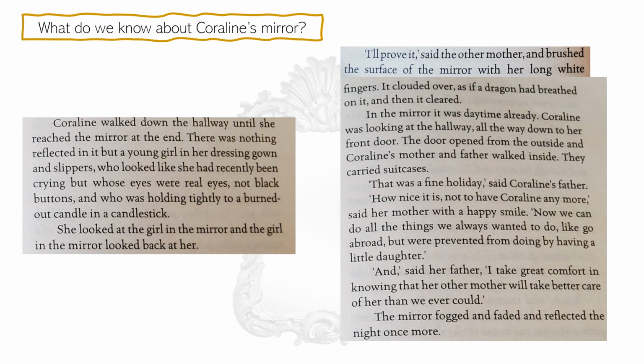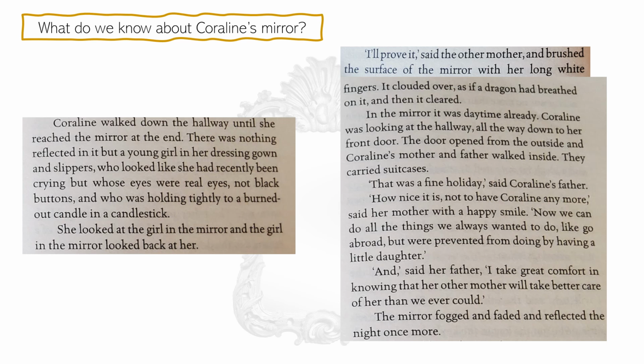Okay, then just slightly later on in the story, the other mother pulls out the mirror and it says, I'll prove it, said the other mother, and brushed the surface of the mirror with her long white fingers. It clouded over as if a dragon had breathed on it, and then it cleared. In the mirror was daytime already. Coraline was looking at the hallway all the way down to her front door. The door opened from the outside and Coraline's mother and father walked inside. They carried suitcases.